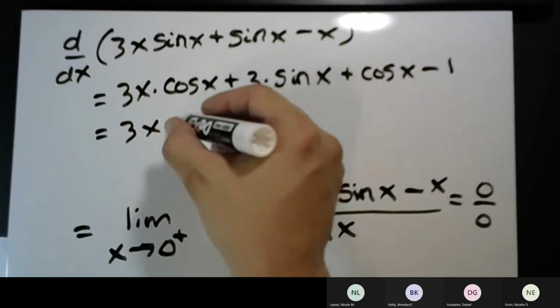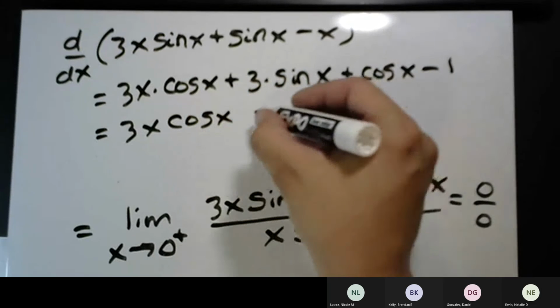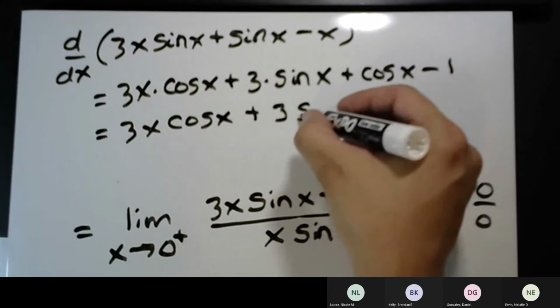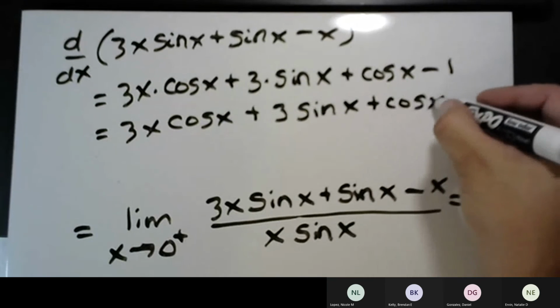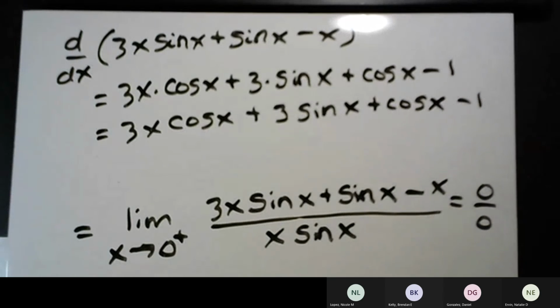Cinch it all together. There's our numerator. Now for our denominator, it's going to be x sine x.